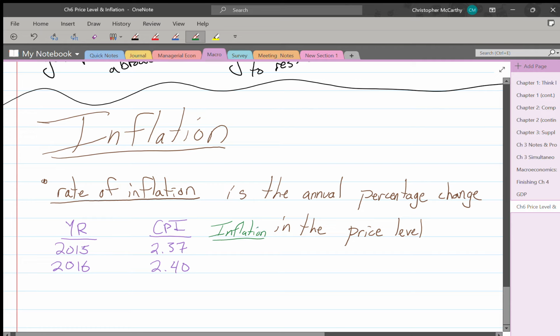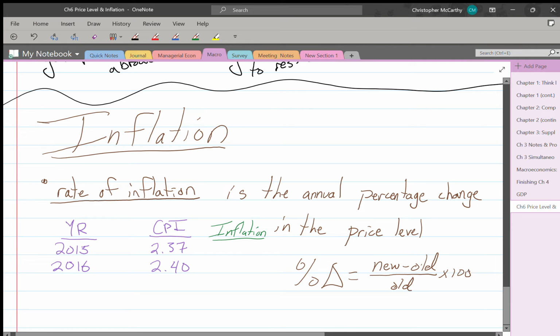So how do we calculate percentage changes? This is middle school stuff, right? A percentage change is my new minus my old over my old times 100, because it's a percent.